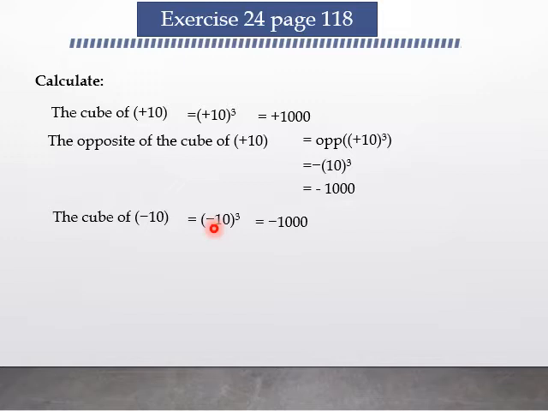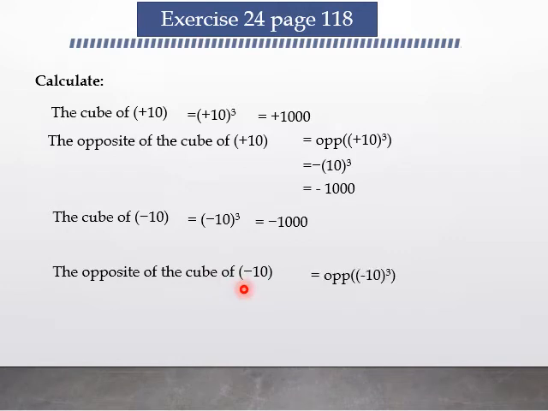Now the result plus times minus equals minus, and 10 to the power 3 is 1000. The opposite of the cube of minus 10: since the cube of minus 10 is minus 1000, the opposite of minus 1000 is plus 1000.